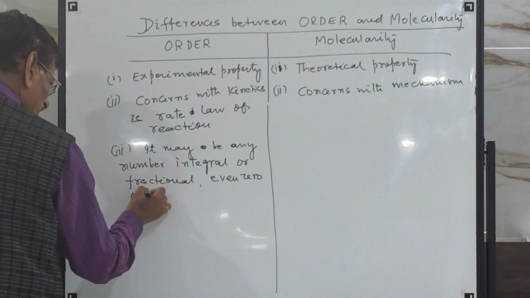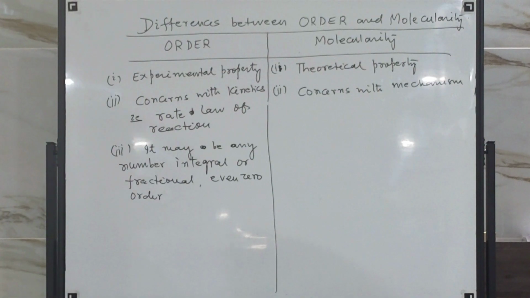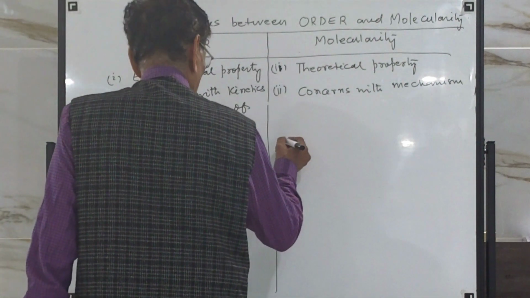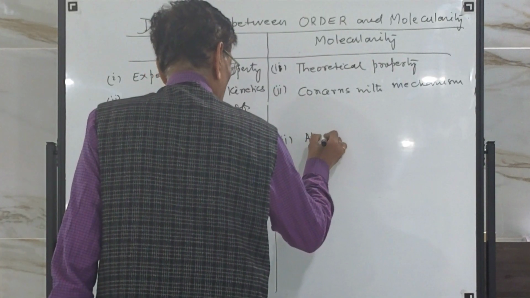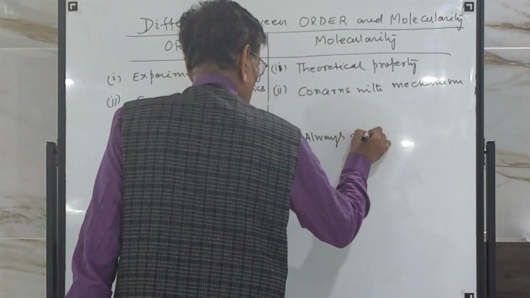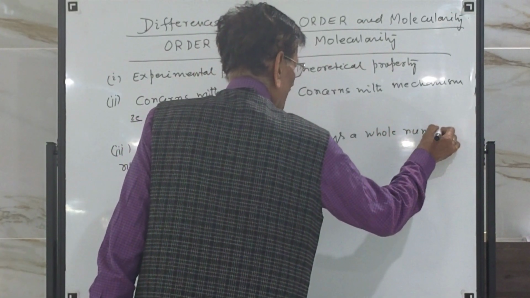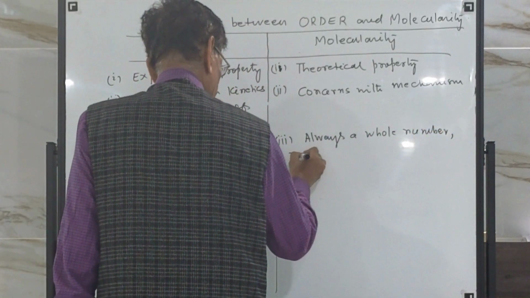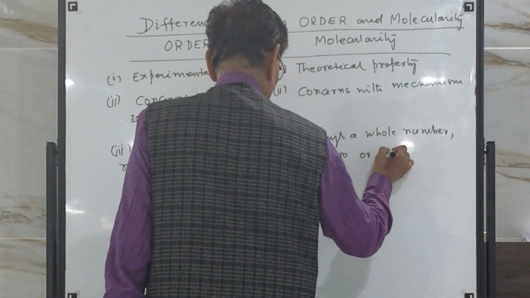Even zero order, maybe one, two, three, zero, half, 1/3, 1/4. It may be any number, integral or fractional, even zero. Molecularity is always a whole number, never zero or fractional.